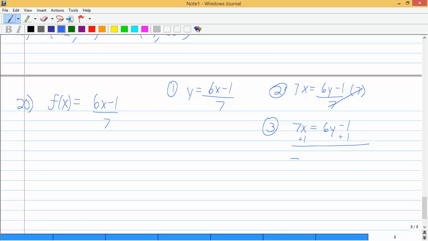So I have 7x plus 1 equals 6y. Alright, and so to get the y by itself, I divide both sides by 6. When I do that, I have y by itself. The fourth step is to let f inverse of x equal y. So f inverse of x equals 7x plus 1 divided by 6. And that's your answer.